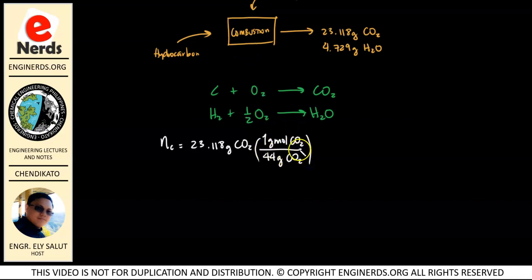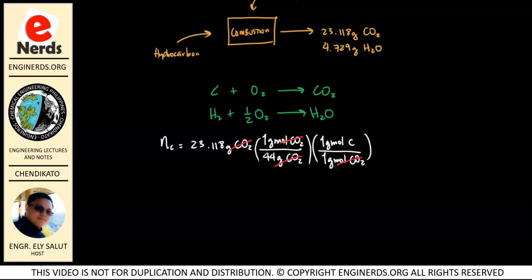But since ang kailangan natin makuha is yung gram mole ng ating carbon, and ang ating ratio here is 1:1. 1 carbon is to 1 CO2. So therefore, for every 1 gram mole of CO2, we have 1 gram mole of carbon. Okay? So solving for our equation here, the grams of CO2 will be cancelled out. Gram mole of CO2 will be cancelled out.